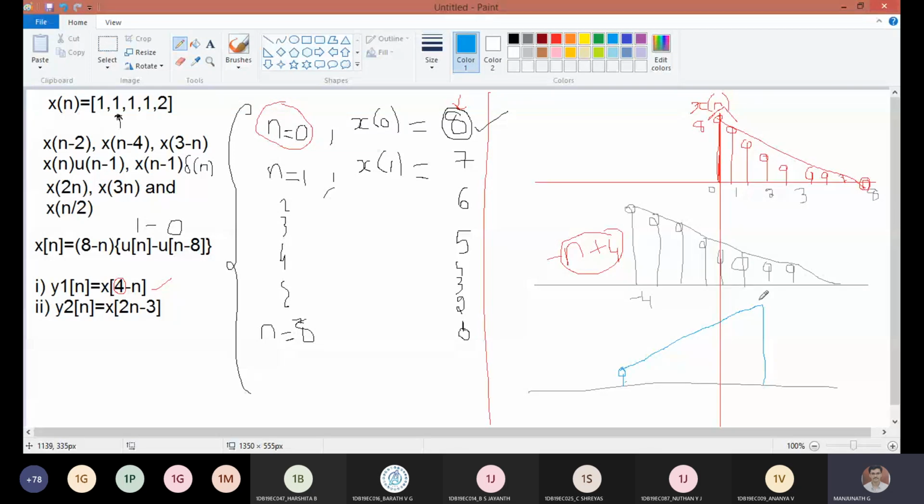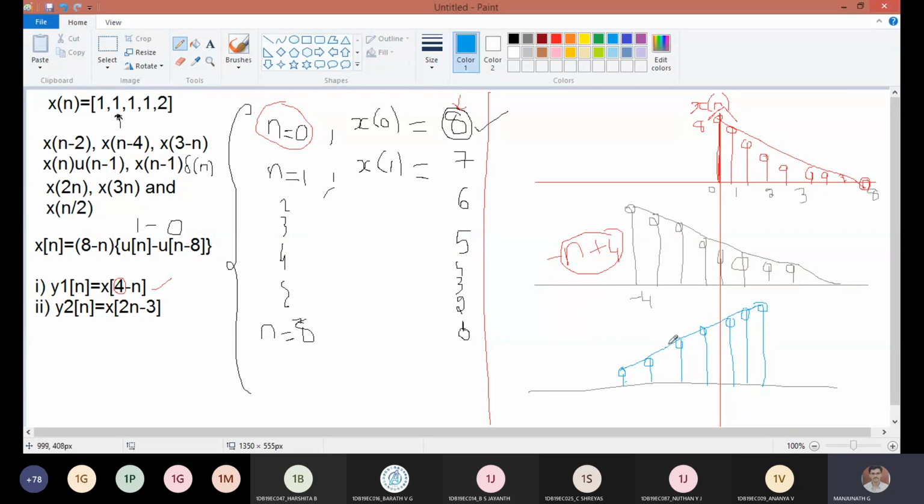Yes, sir. So everyone just make a note. You can plot it in two ways. We are doing the first method. If you follow the reshuffling of your equation, then this is how the signal looks. For x of n, you plot n plus 4. For that, if you perform a reflection, this will be your minus n plus 4, nothing but 4 minus n. Both are the same.